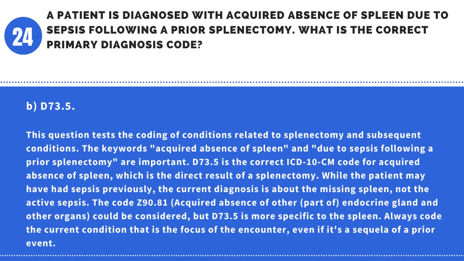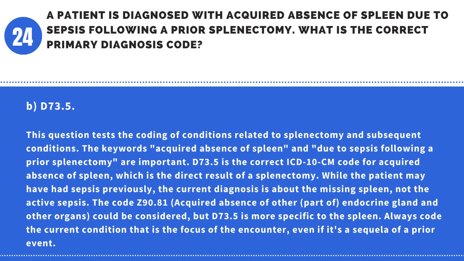D73-5. This question tests the coding of conditions related to splenectomy and subsequent conditions. The keywords acquired absence of spleen and due to sepsis following a prior splenectomy are important. D73-5 is the correct ICD-10-CM code for acquired absence of spleen, which is the direct result of a splenectomy.